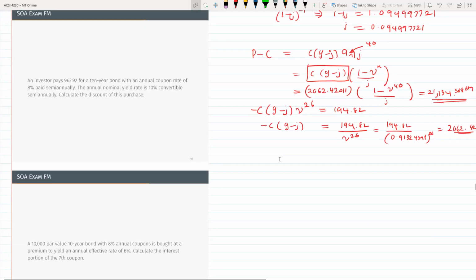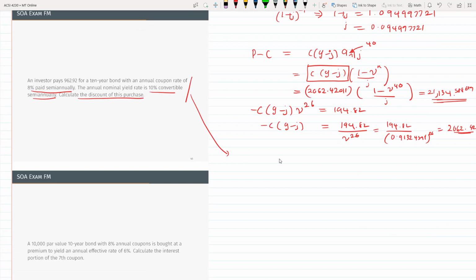Okay, let's go to the next problem. This one says an investor pays $962.92 for 10-year bond with an annual coupon rate of 8% paid semi-annually. The annual nominal yield rate is 10%, convertible semi-annually. Calculate the discount of this purchase. Okay, so we need to know the discount.